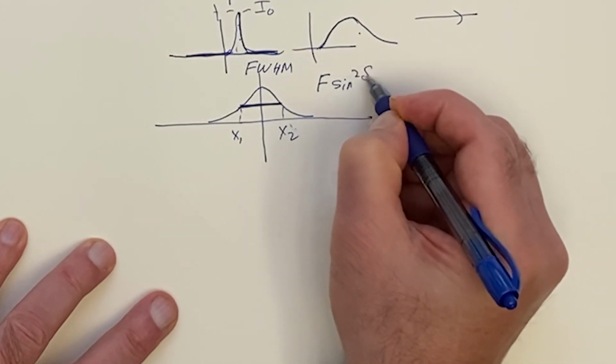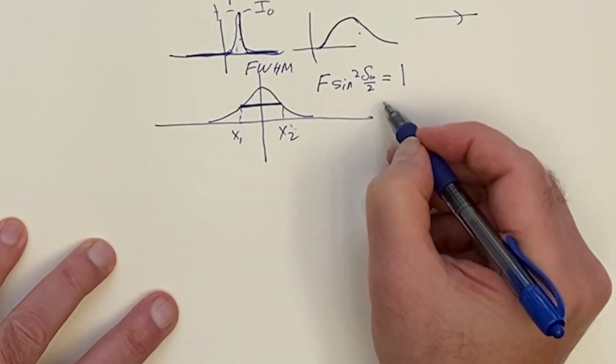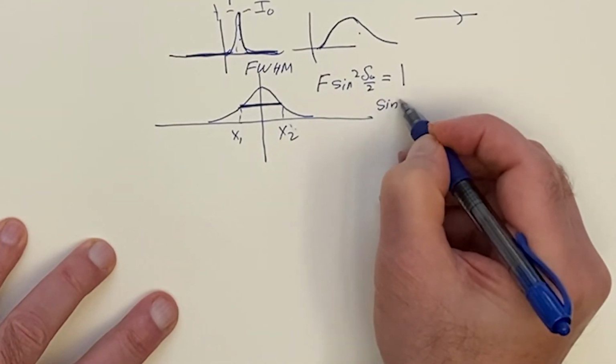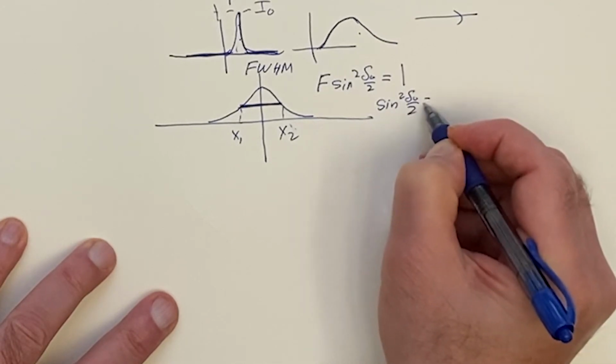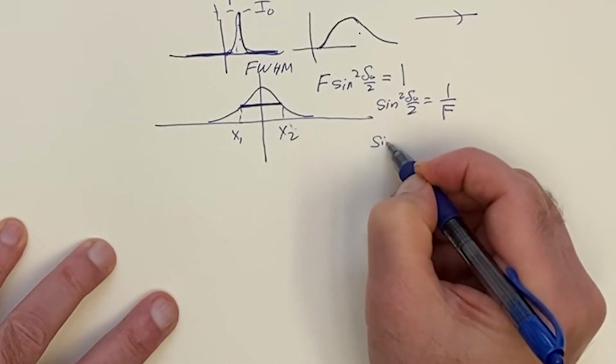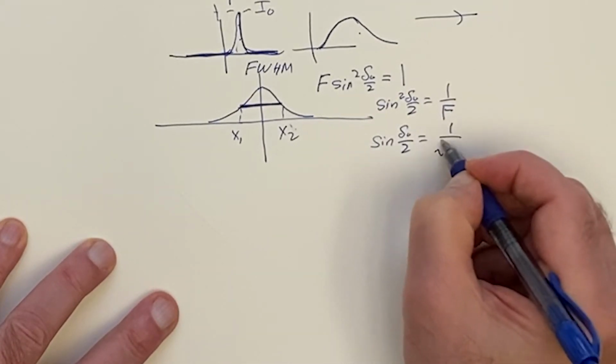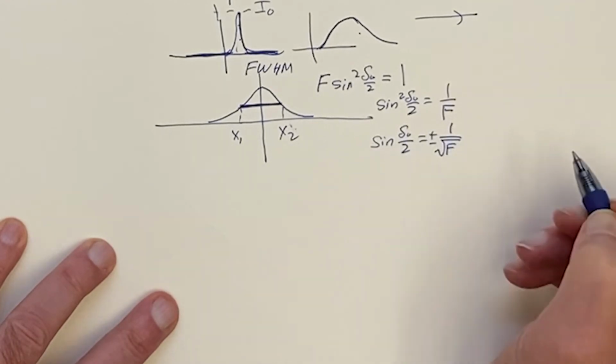So if that's the case, you want F sine squared delta naught over 2 to be 1. In other words, you want the sine squared of delta naught over 2 to be 1 over F, and you want the sine of delta naught over 2 to be 1 over the square root of F with a plus or a minus sign.